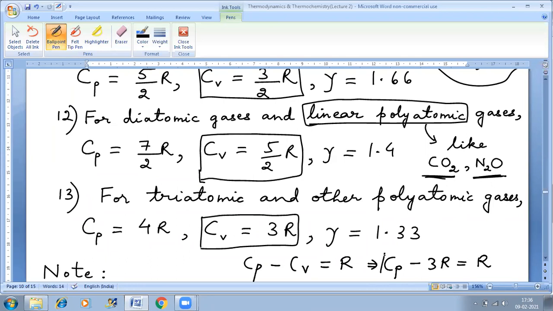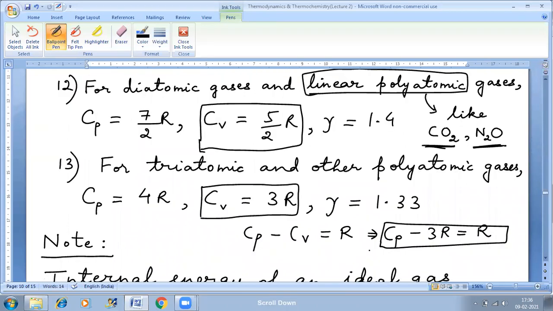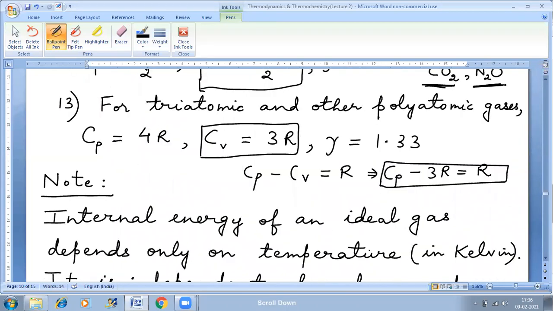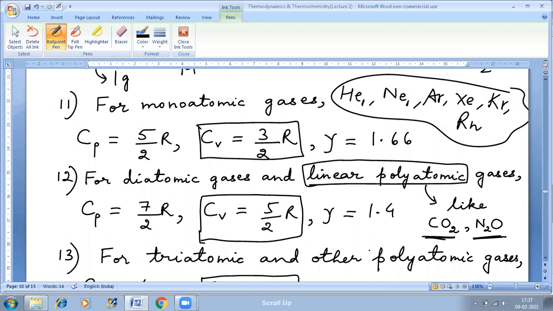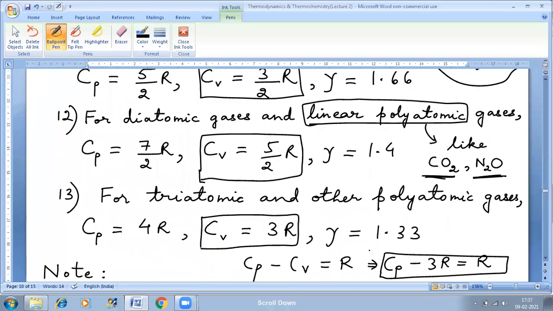So from here, if we solve this, Cp will come out to be 4R. That is for polyatomic gases which are non-linear. So these are the formulae related to ideal gases.